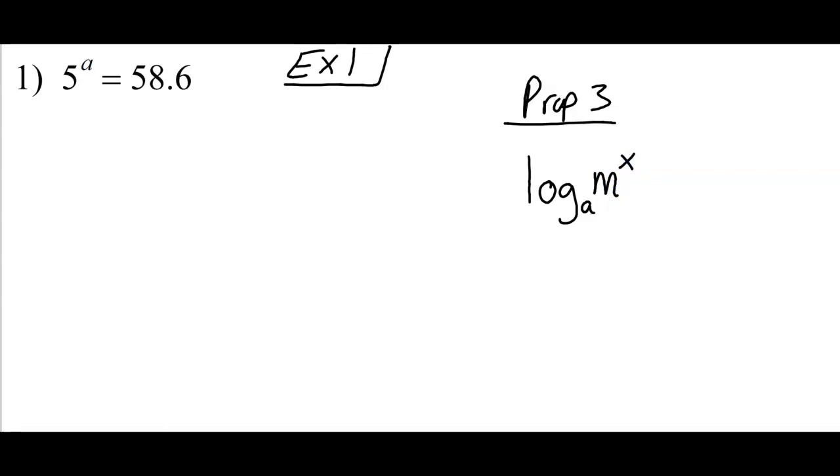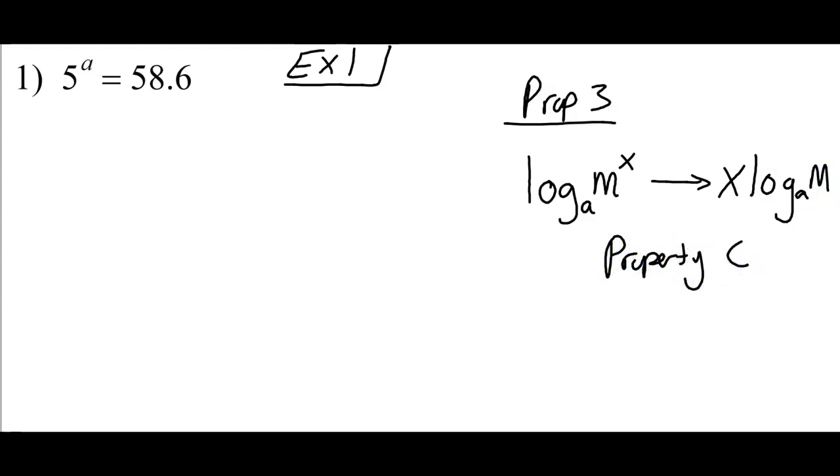When we had that, what we could do is we could take that power and we could move it to the front of the log like that. We called it property C. Okay, and we're going to be using that property today to solve these equations. We're also going to be using the change of base.